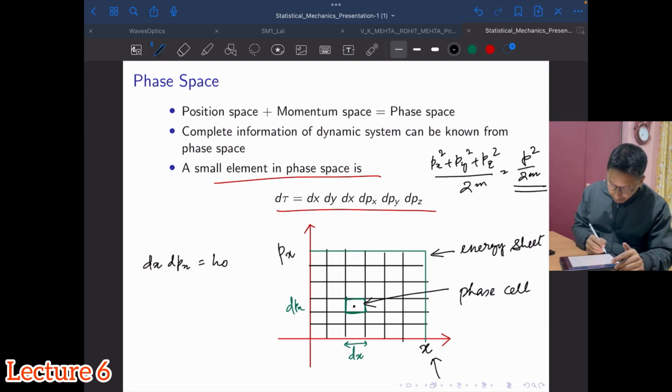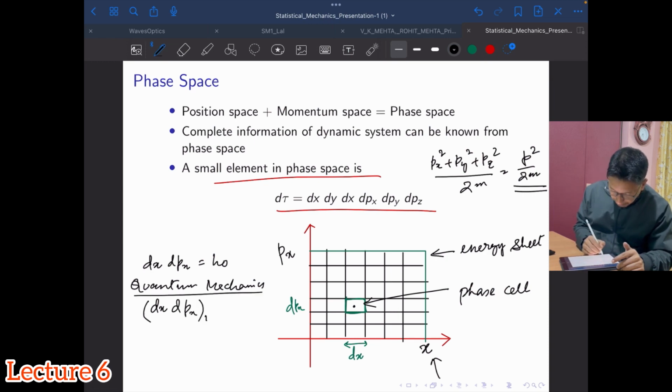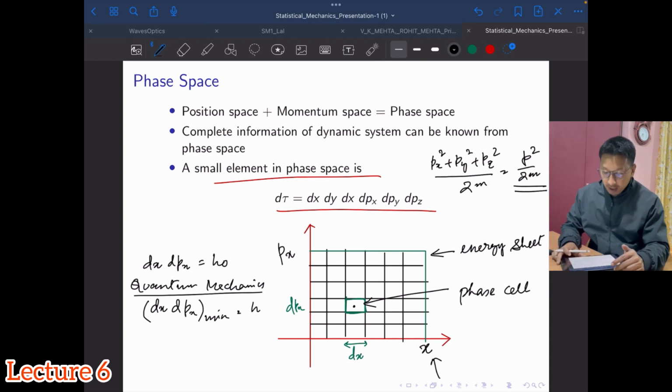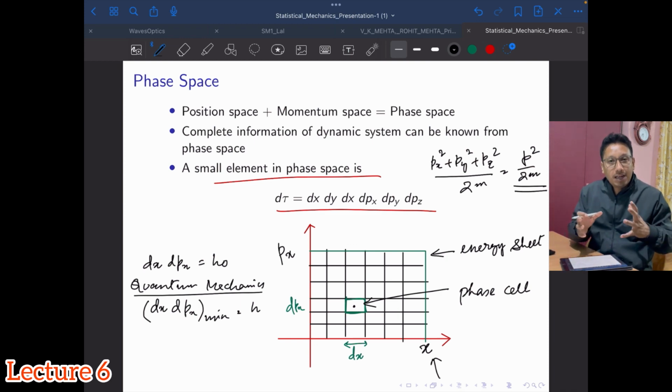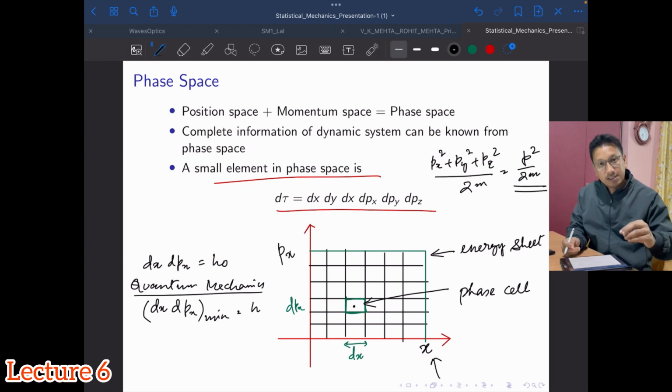In quantum mechanics, the minimum of this product dx dpx is actually h, the Planck constant. So you cannot choose it arbitrarily small as you want. This is the area of the phase cell, so there is a limit to it.